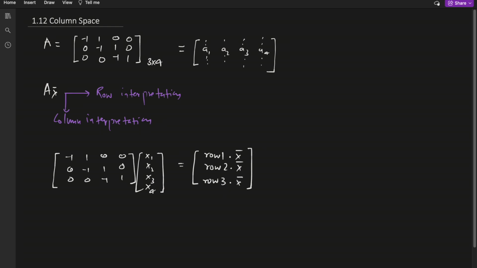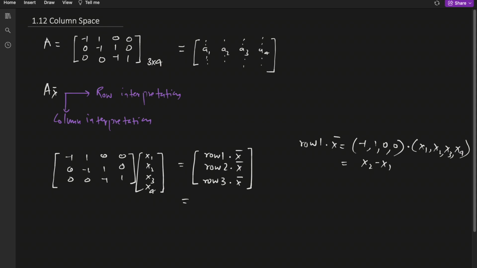I will simply write what row 1 dot product X is. Row 1 is minus 1, 1, 0, 0, and you take the dot product with vector X, which is x1, x2, x3 and x4. So this will simply become x2 minus x1.